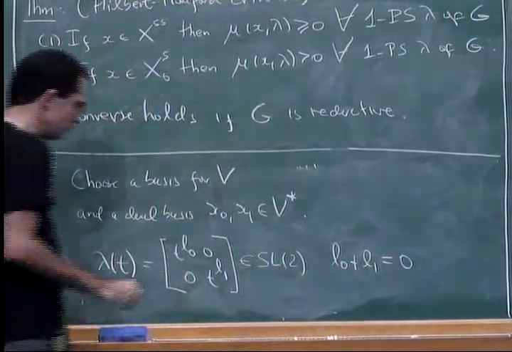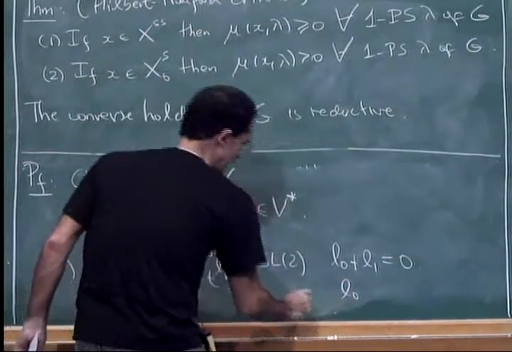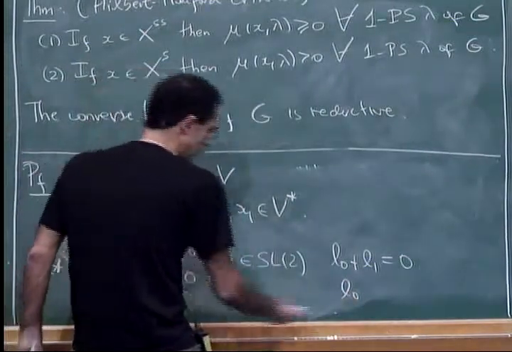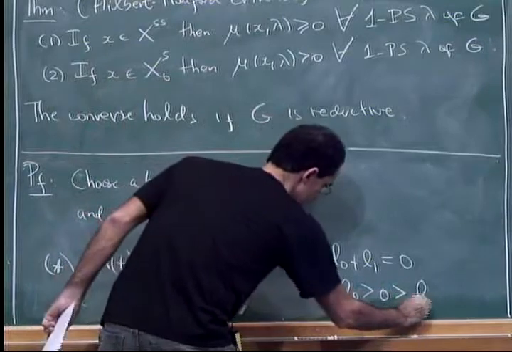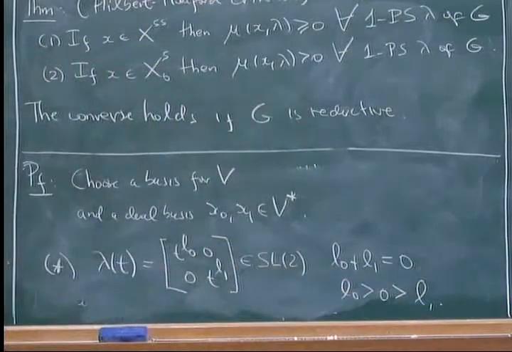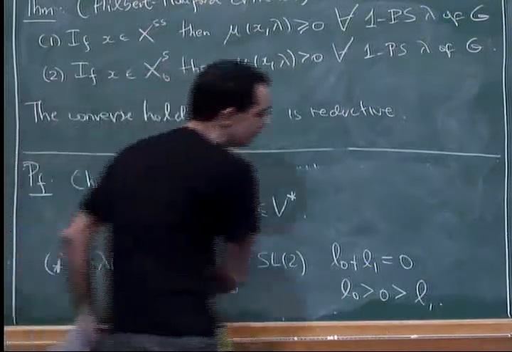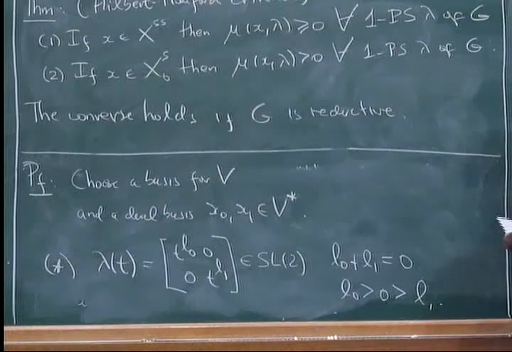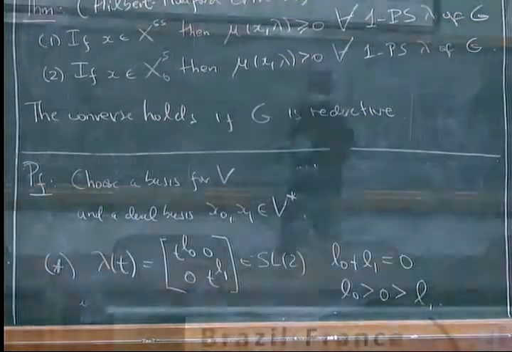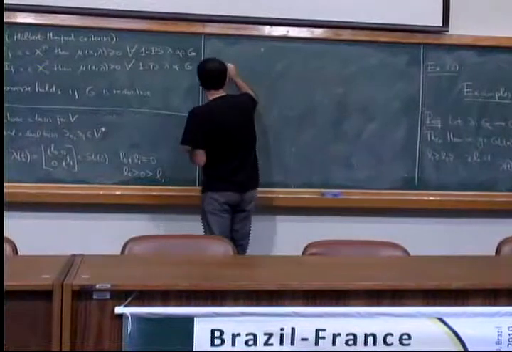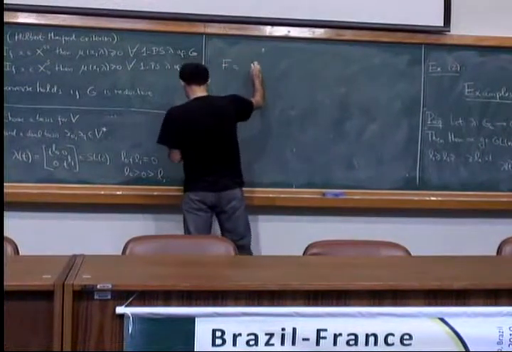And if I want this to be non-trivial, then L0 is greater than L1. So let's consider one-parameter subgroups of this form. They are non-trivial. And let's write f as a sum of monomial terms and see how the action is given.